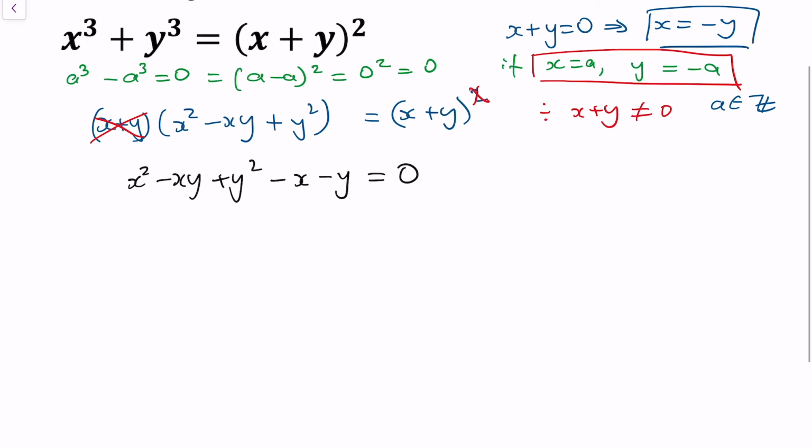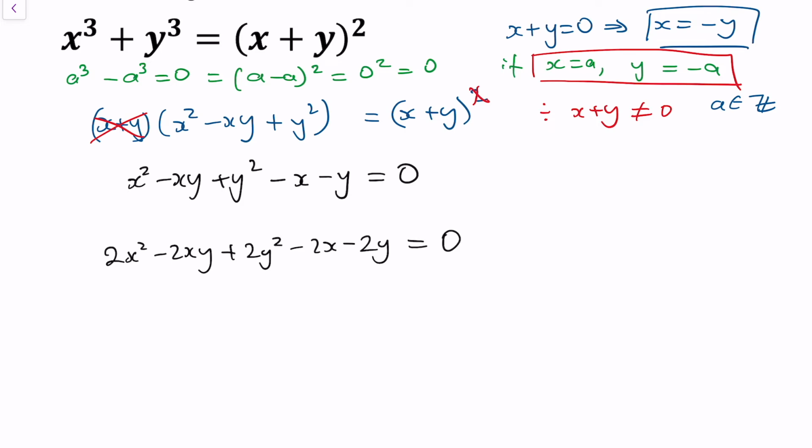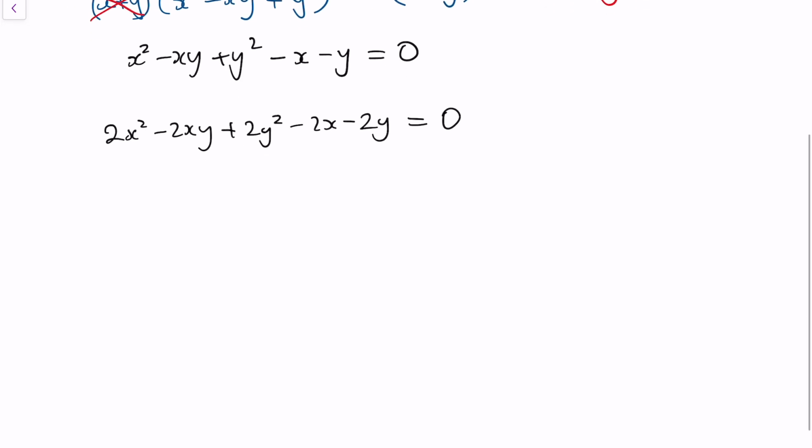Now let's multiply everything by 2. We have 2x squared minus 2xy plus 2y squared minus 2x minus 2y equals 0. And then furthermore, let's add 2 to both sides.